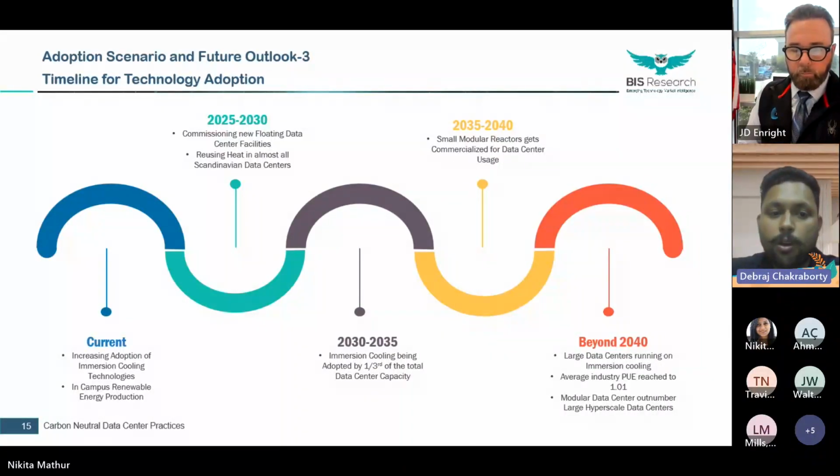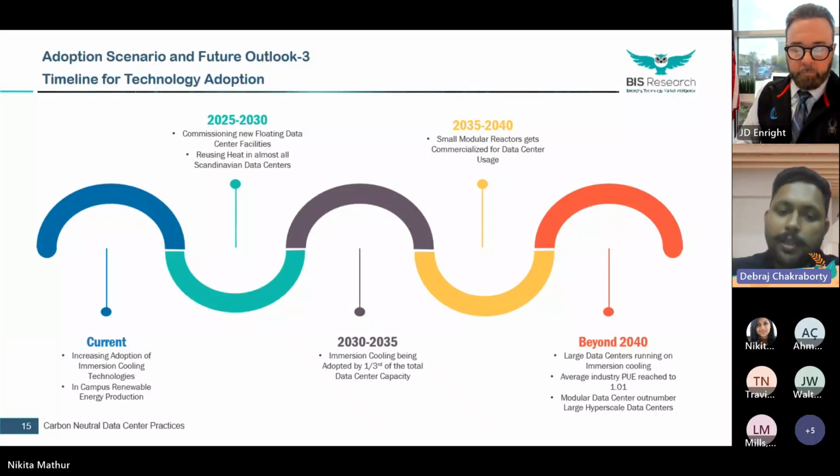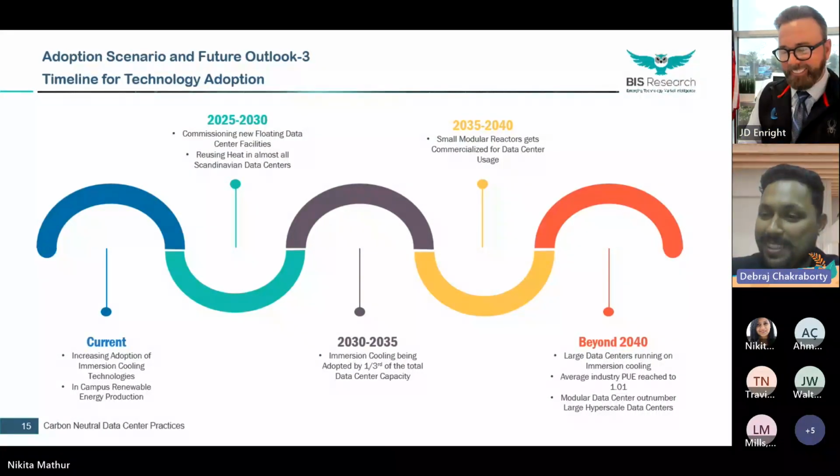Reusing heat will be almost from all Scandinavian data centers, almost 100%. By 2030 and 35, almost one third of the data center capacity is going to be cooled by immersion cooling. And that's based on the current scenarios. It might be more than one third also. And I think that scenario is something they would be looking forward to.